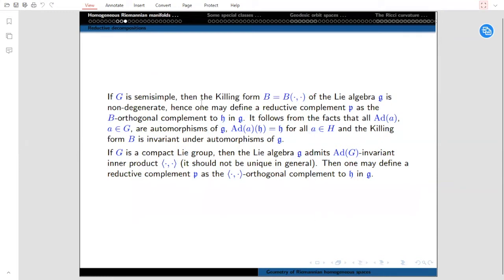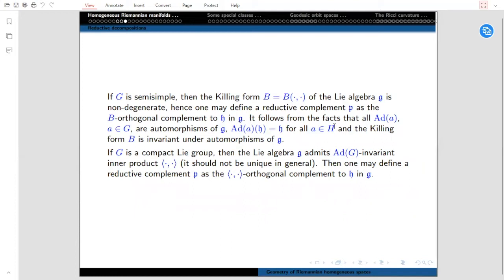Okay. Now, a little about a standard way to find a reductive complement. If G is semi-simple, then the Killing form B of the Lie algebra G is non-degenerate. Hence, one may define a reductive complement P as the B-orthogonal complement to H in G. It's a very standard way to define some complement.